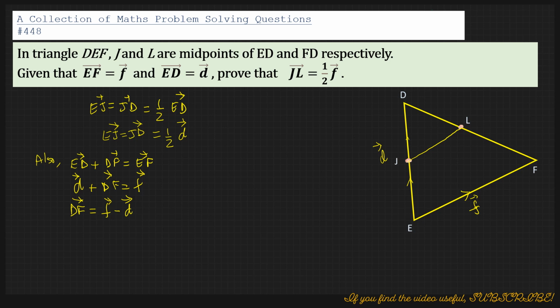So we have to find JL. Now we know that DL equals LF, because L is a midpoint.